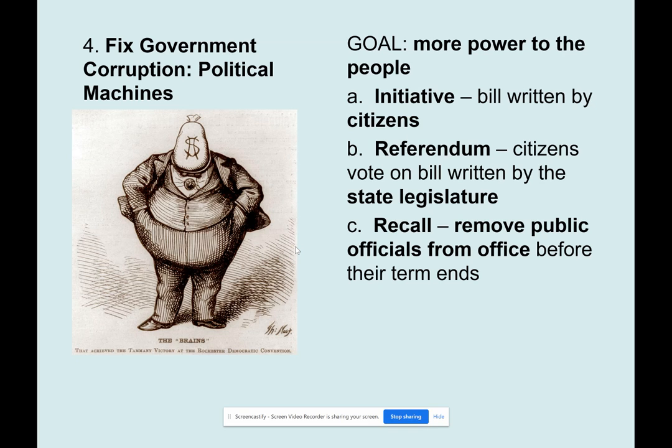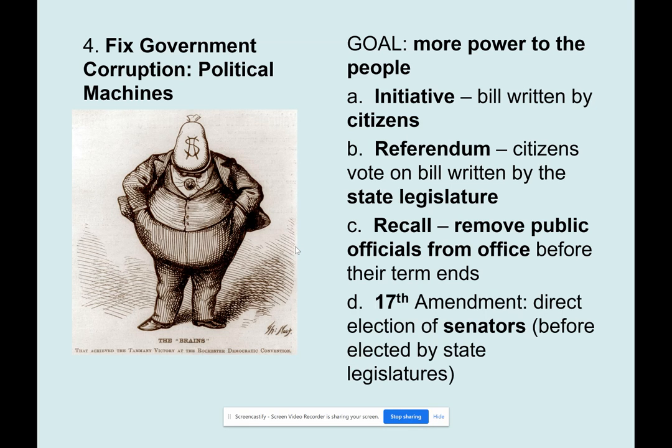The recall is instituted so that if you really don't like somebody, you can get them out before their term is over. California actually did this quite a while back with a governor named Gray Davis. This is how Arnold Schwarzenegger became the governor of California. There's a recall on Gray Davis. So that is an option that you have. You can vote somebody out of office if you don't like them. And that is a way to protect the people from political corruption, or at least that was the intention.